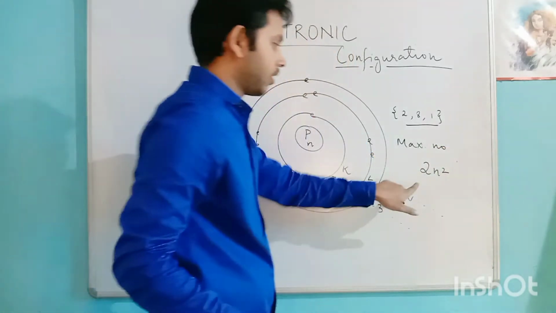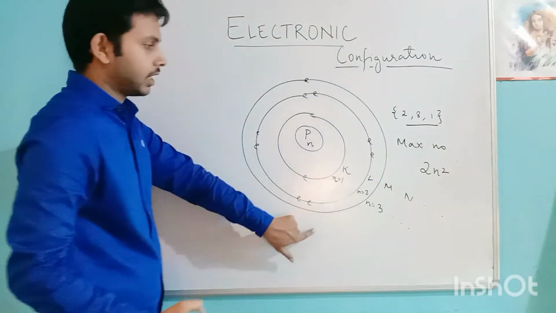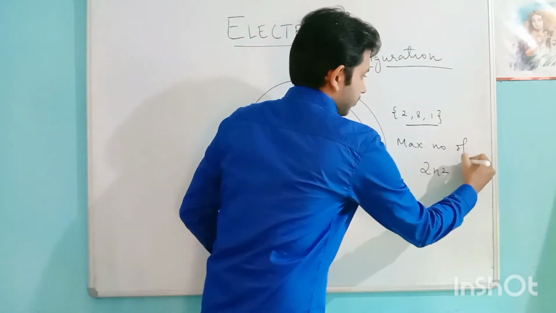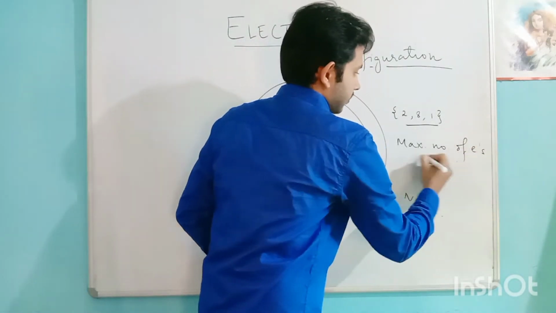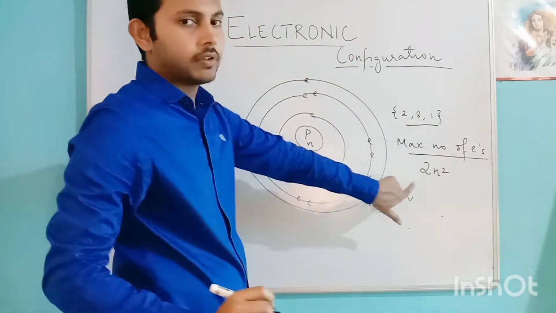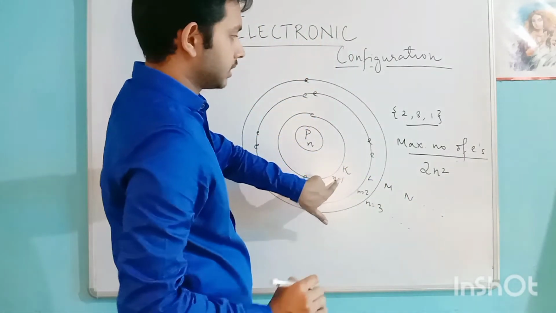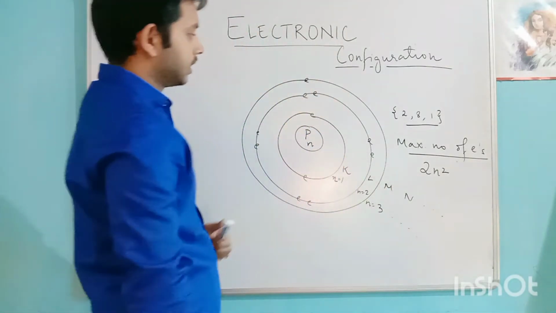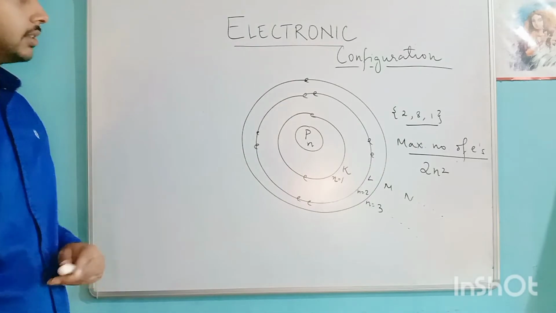You can write this formula, and this diagram you can pause and copy it. So in the first cell, the K cell, n is equal to 1. I am erasing this, you can screenshot it.